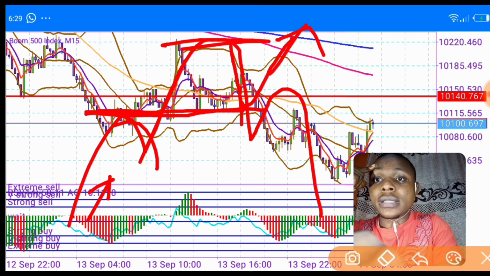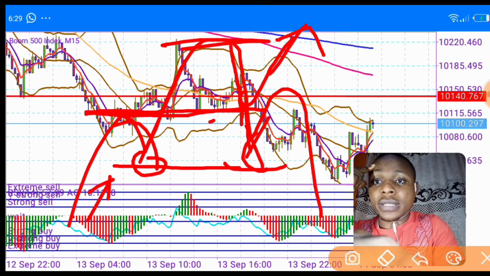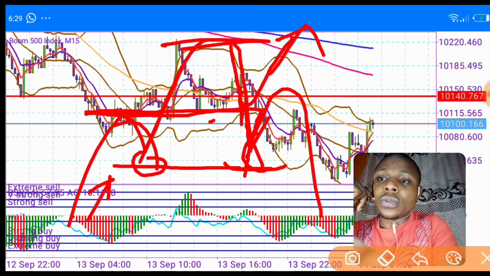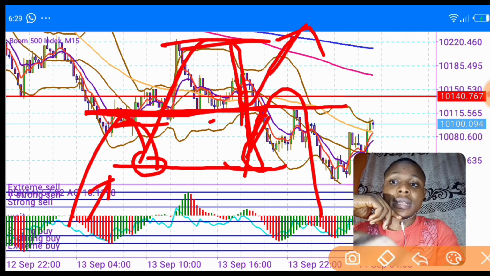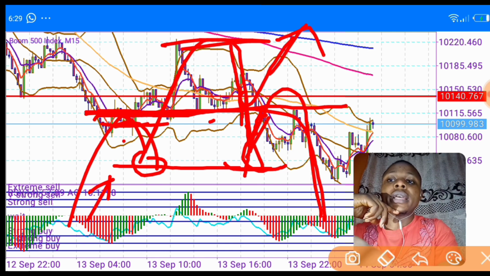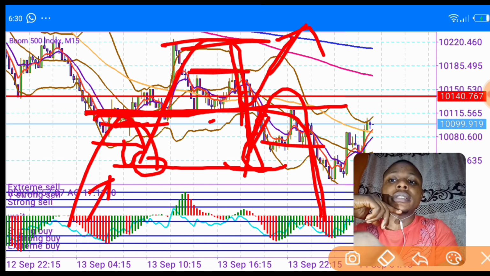But when it breaks down and comes down to respect this support, you see, let's say it's respecting this support level, just wait for it to pull back to this resistance. When it gets to this resistance, enter a sell over here, because it will respect this resistance and form head and shoulders. This is the shoulder and this is the head.